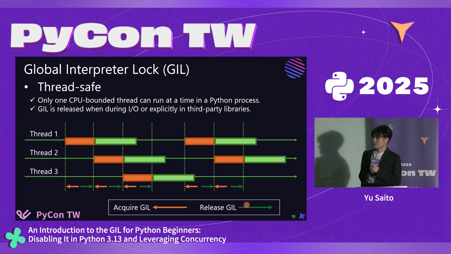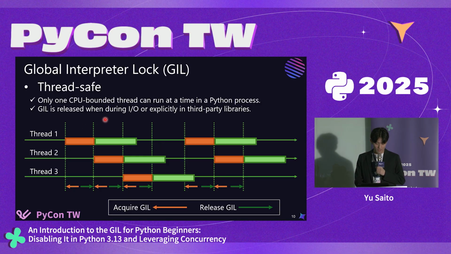The third key term is the global interpreter lock, GIL, and this is the main topic of this presentation. The GIL is implemented for thread safety. The GIL ensures that only one CPU-bound task is running in a single process. In the graph, the orange bars cannot run at the same time because they are affected by the GIL.